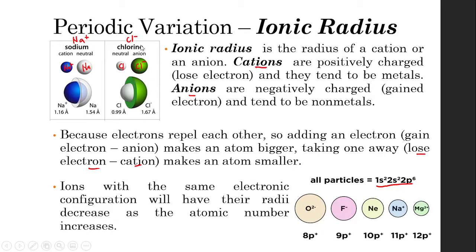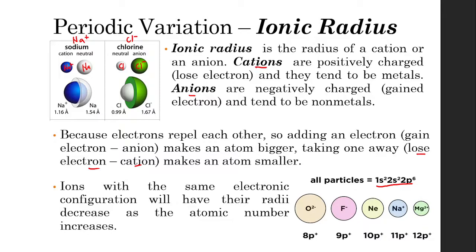When an atom gains an electron and becomes an anion, their size increases, their radius increases. And if an atom donates its electron, making it more positive, making it a cation, they lose size, or they become much smaller. So that is for the ionic radius. We've discussed two patterns so far, atomic radius and ionic radius.